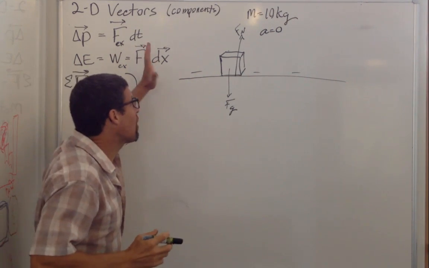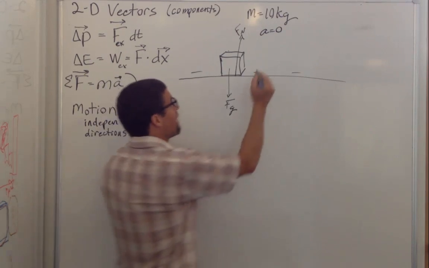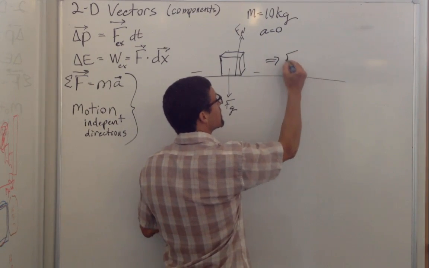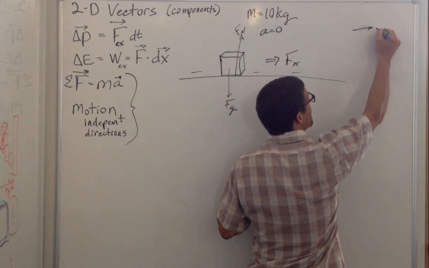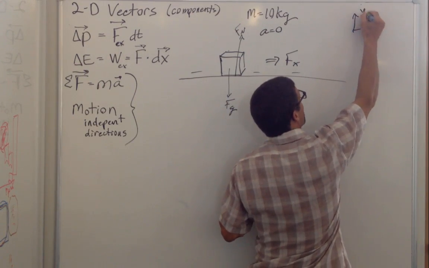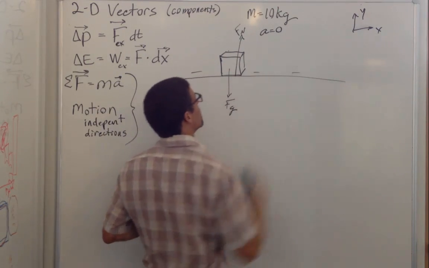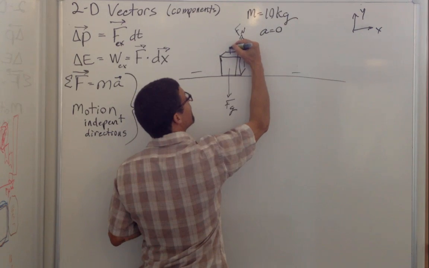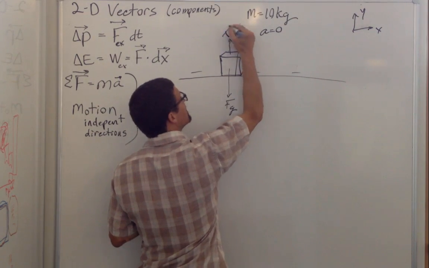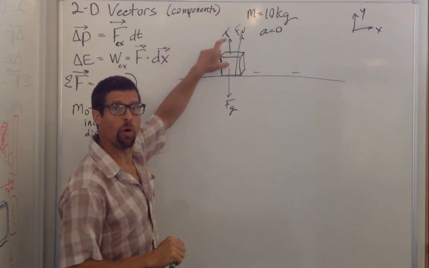Now, I can put a force on this box in this direction, and that force will cause it to accelerate. I'm going to label an axis. This is the x direction, and this is the y direction. I also know that if I put a force on it in this direction, for instance, if I pull with some tension, it's going to affect the normal force.